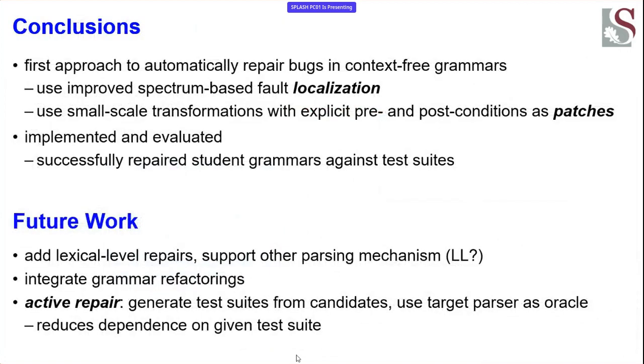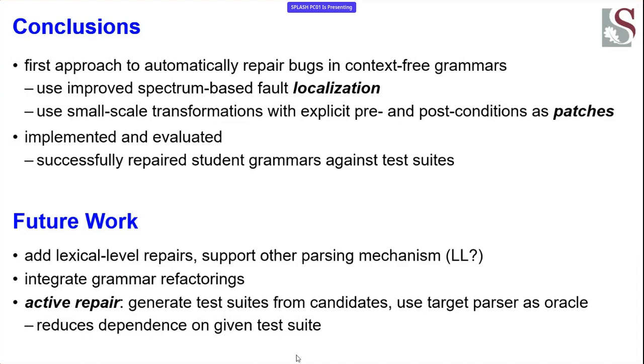Right. So in conclusion, we've described the first approach to automatically repair bugs in context-free grammars. The two or three main ingredients that make it work are that we use an improved version of spectrum-based fault localization to pinpoint suitable fault locations, and that we use a series of small-scale transformations with explicit pre- and post-conditions as patches.